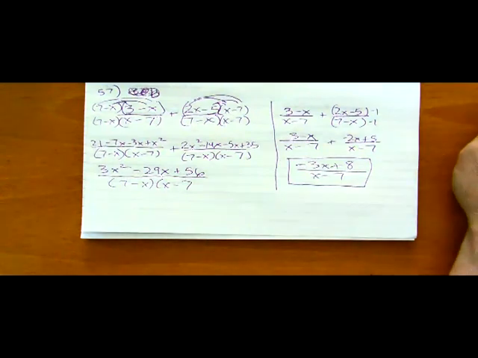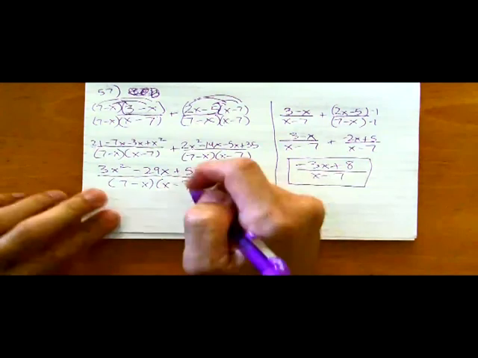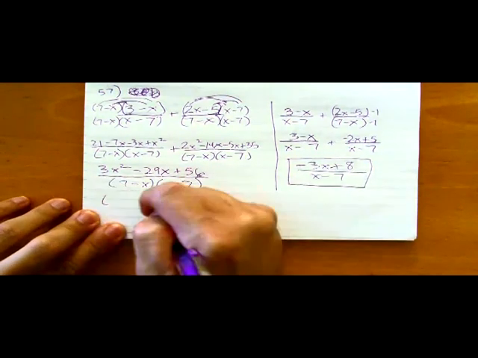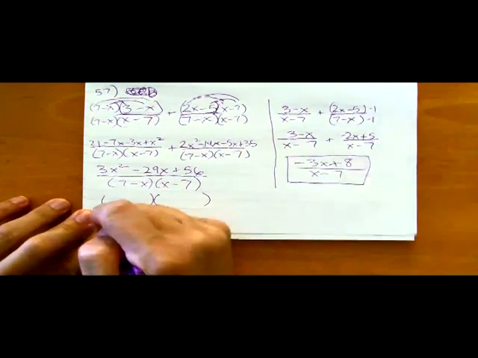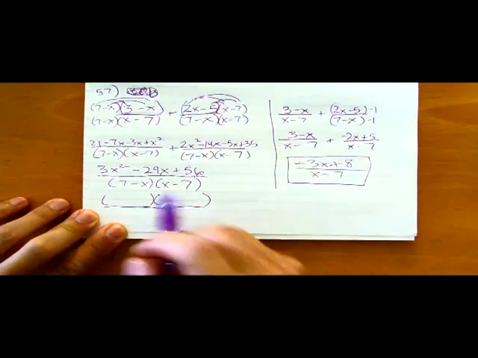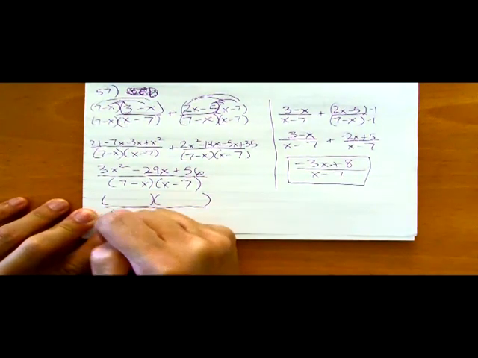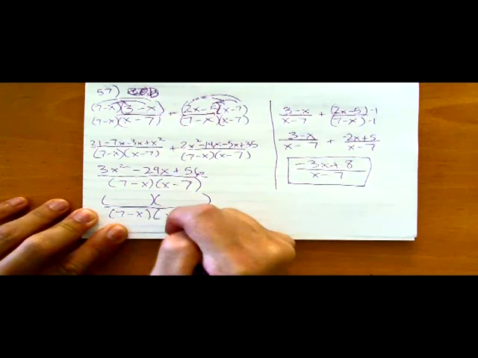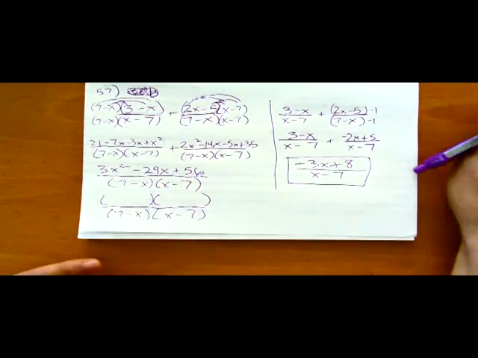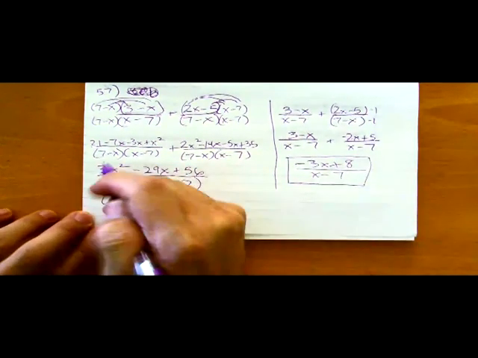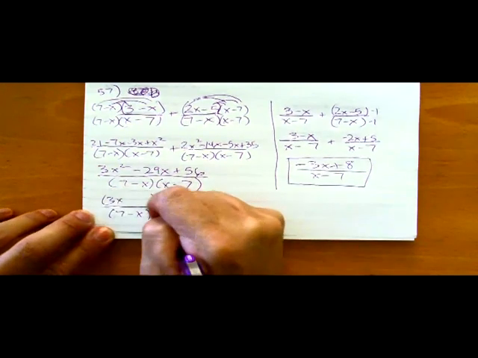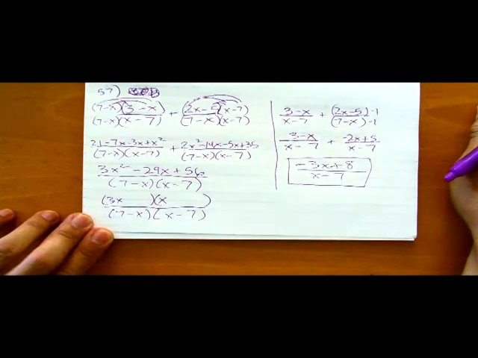Okay, now let's factor the top. They don't have anything in common, so we're going to go to two sets of parentheses. We know the bottom is still the same, 7 minus x and x minus 7. We need 3x to the second. 3x and x. We need a positive 56 at the end. We know it's positive, so the signs have got to be the same.